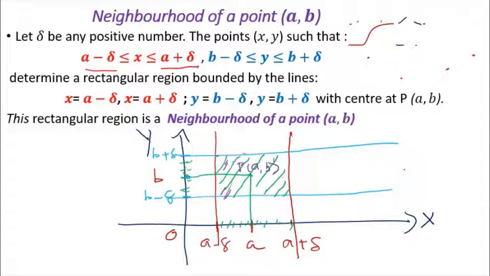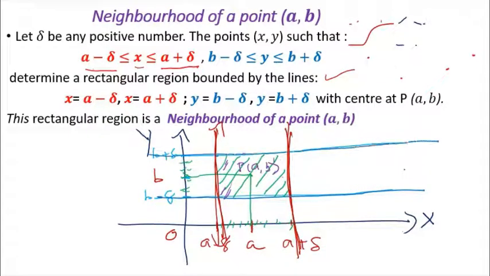Then the points (x, y) such that x lies between a minus delta and a plus delta, that is a minus delta less than or equal to x less than or equal to a plus delta, and y lies between b minus delta and b plus delta, that is b minus delta less than or equal to y less than or equal to b plus delta, determine a rectangular region bounded by the lines x equal to a minus delta, x equal to a plus delta, y equal to b minus delta, and y equal to b plus delta.